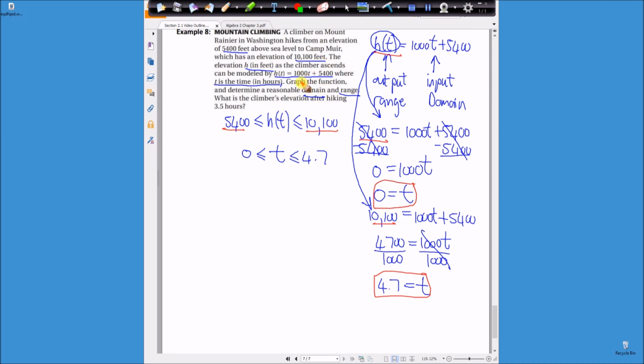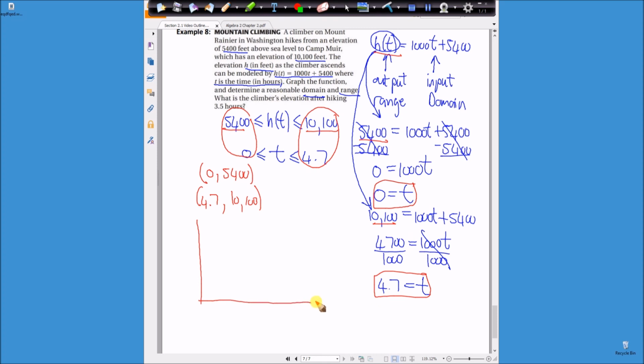They also want you to graph. We have some data points here. We can say that (0, 5400) is one data point, and (4.7, 10,100) is another. So these are my two data points.